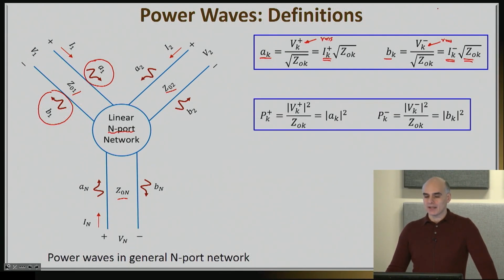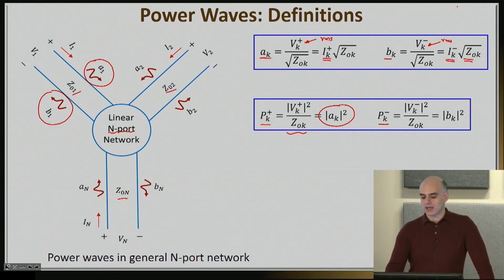Well, the reason is that once you define those waves, calculating the incident and reflected powers, P1 plus and P1 minus, becomes very, very simple. We do know that P1 plus will be equal to the incident voltage squared, RMS value, divided by the characteristic impedance of the port, written right here, which based on the above definition becomes nothing else but A1 squared.